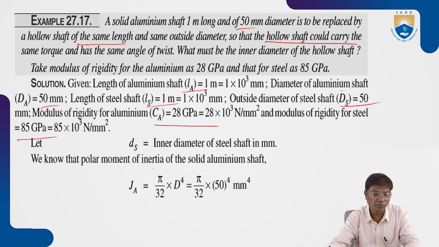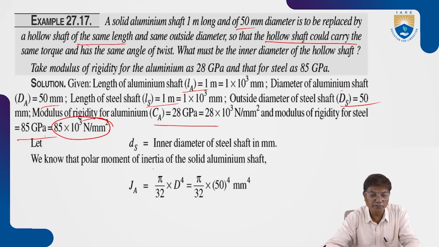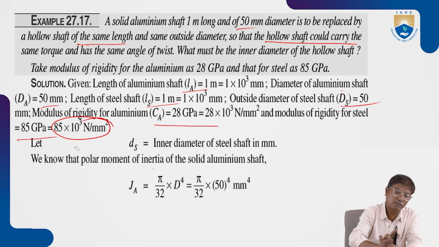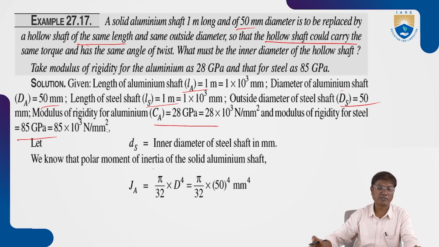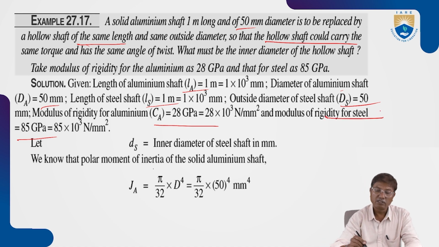Because for steel this is not 85. Yes, it is modulus of rigidity, so 85 into 10 cubed, that is okay for steel. And inner diameter is unknown, which we have to find out.